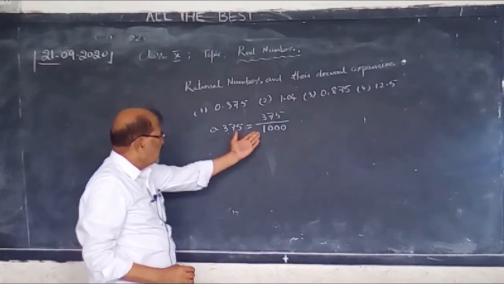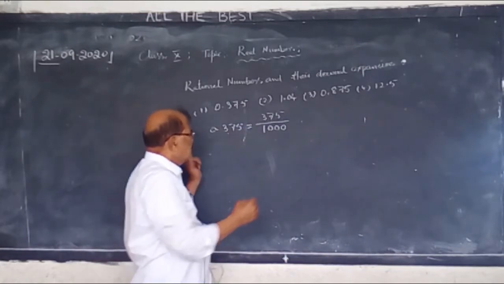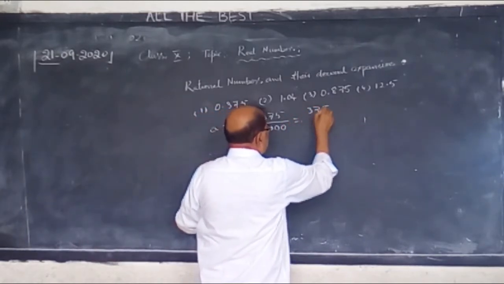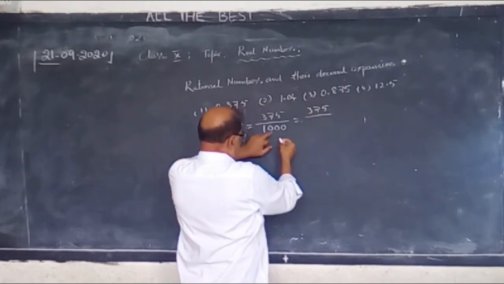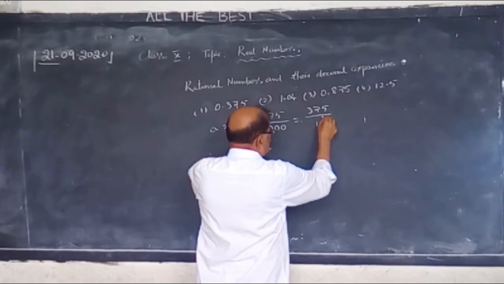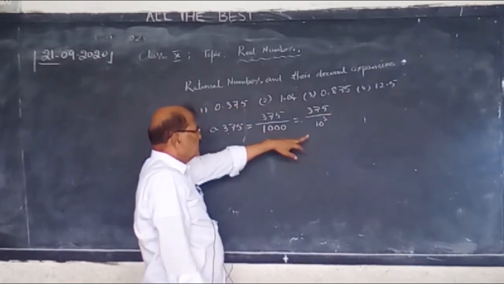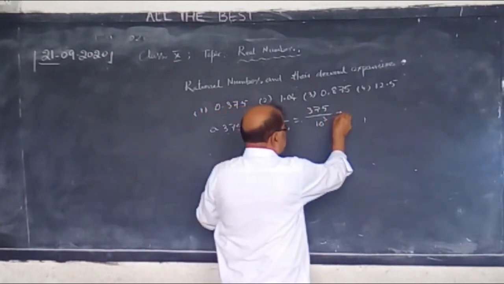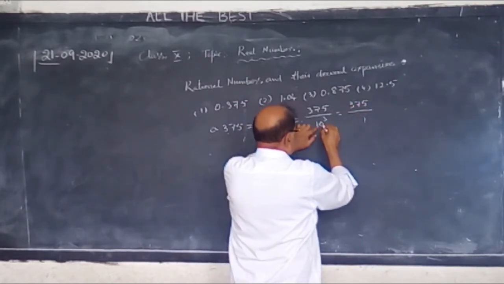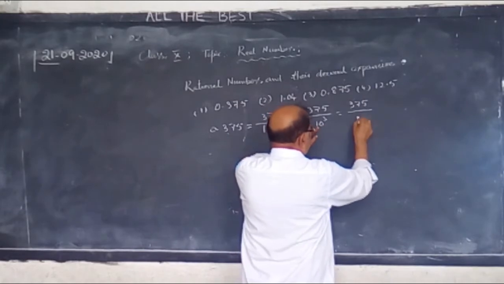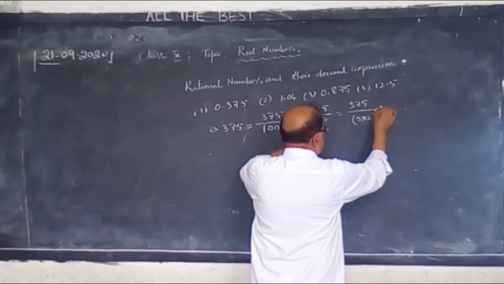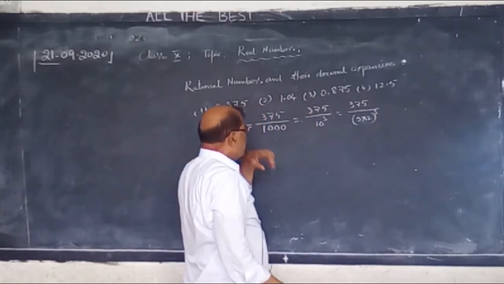Now, factorize the denominator. 375 by 10 cubed. This also can be written as 375 by, factorize this into prime factors, (5 into 2) to the power of 3.